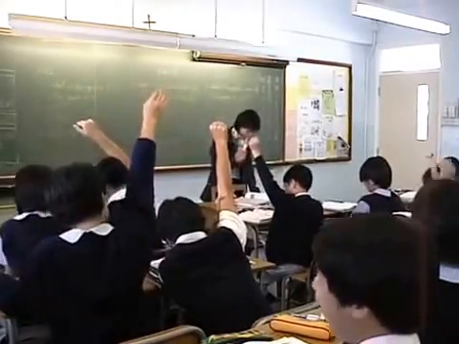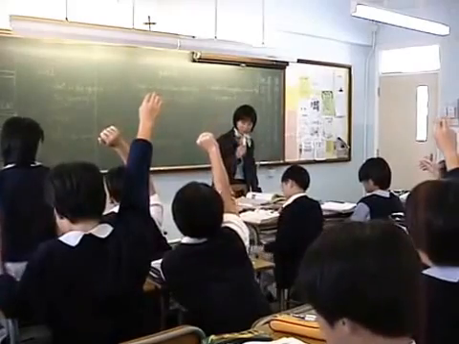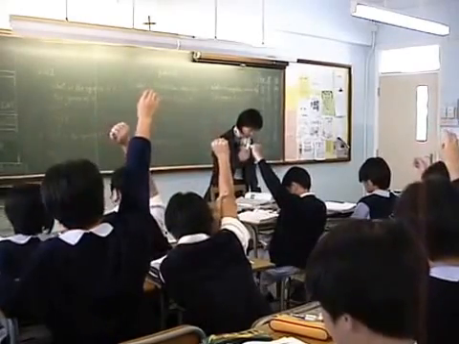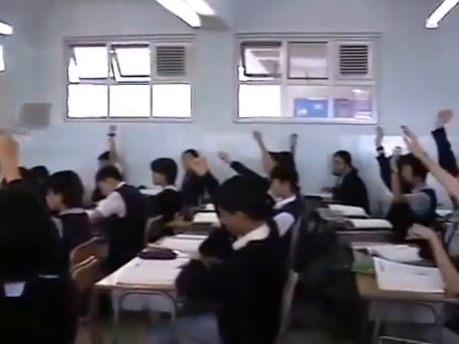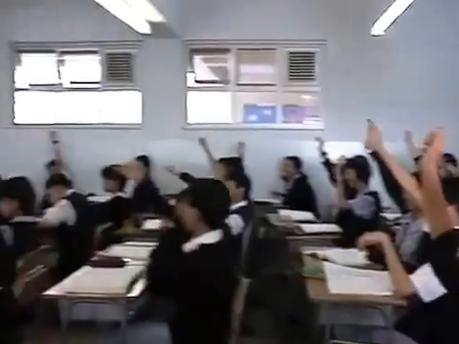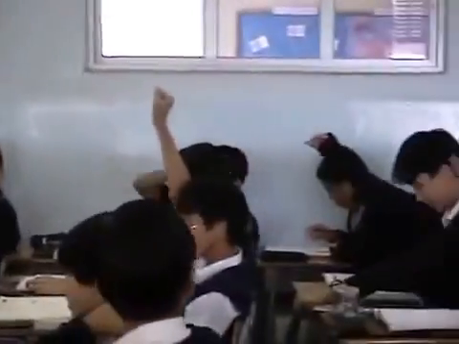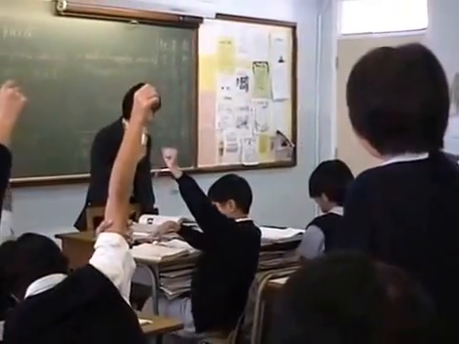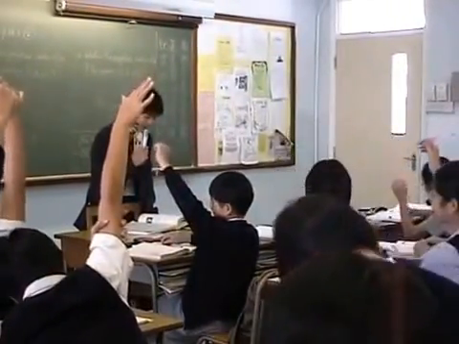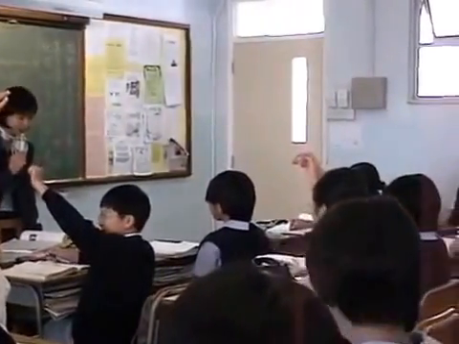Okay, part G, so the answer is 13, yes, 13. Okay, H, the answer is 19. Okay, I, what is the answer? Negative 11. Okay, the last one. What is the answer?